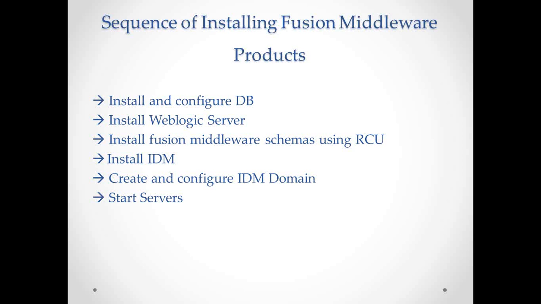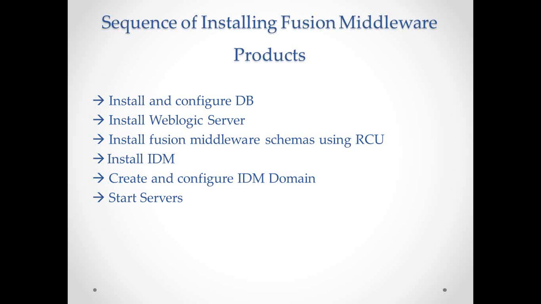After installing IDM, we can create and configure the domain for IDM. The first 3 points are the same for every Fusion Middleware product. If you are installing SOA, UCM, WCI or IDM, the first 3 steps are the same. The third step is to install schemas for that particular product.